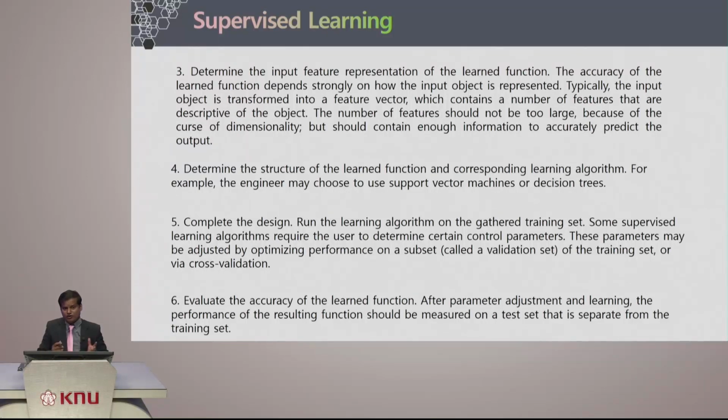Typically the input object is transformed into a feature vector which contains a number of features that are descriptive of the object. Some algorithms use this feature representation. The number of features should not be too large because of the curse of dimensionality, but should contain enough information to accurately predict the output, which I mentioned already.